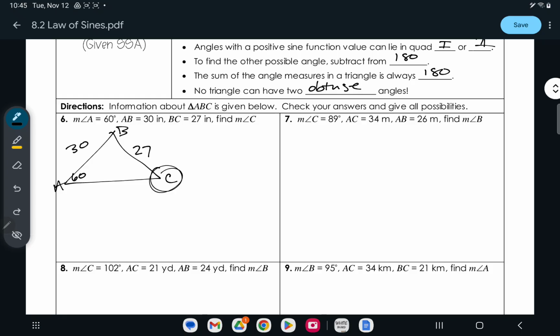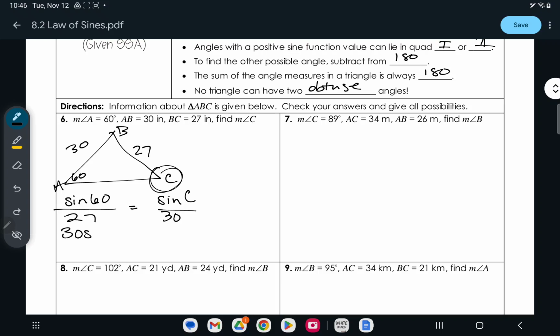Find angle C. So I can do sine of 60 over 27 equals sine of C over 30.